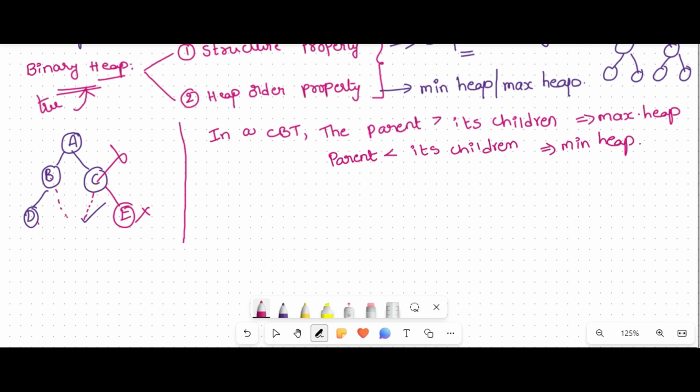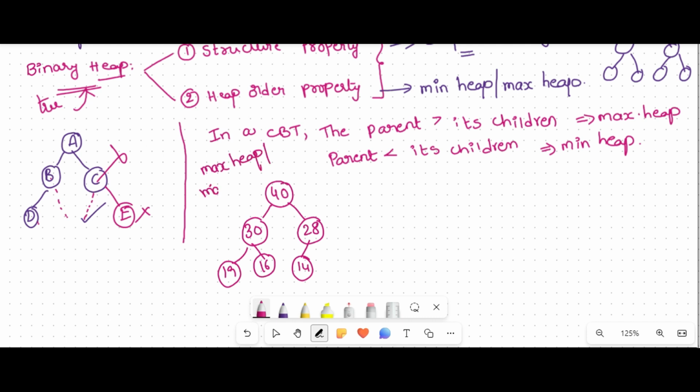I will show you examples. For example, the elements are like this: 40, 30, 28, 19, 16, 14. For example, this is the tree. Now, I want to check whether it is a max heap or a min heap.